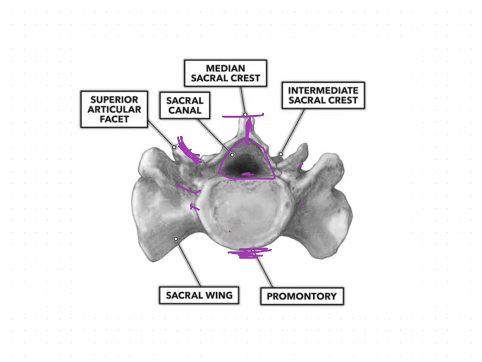The transverse process here is modified. It is represented by a broad sloping mass of bone on the lateral side of the body.